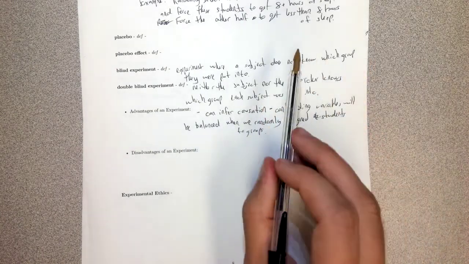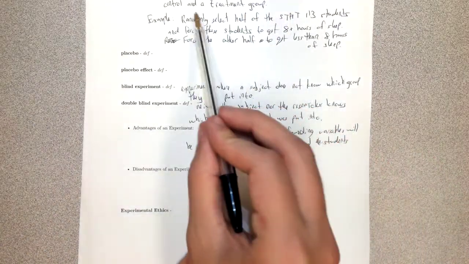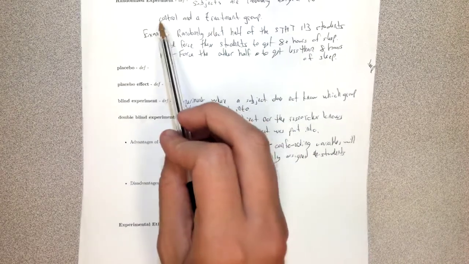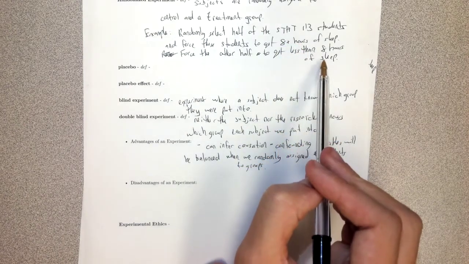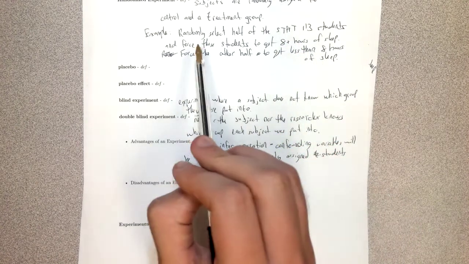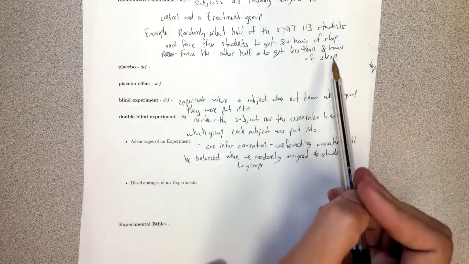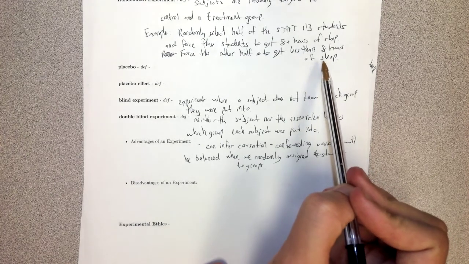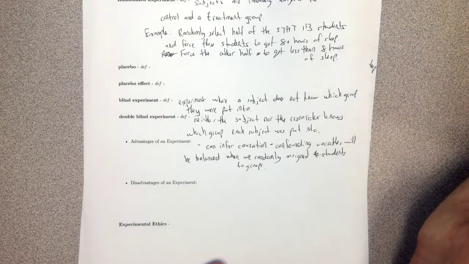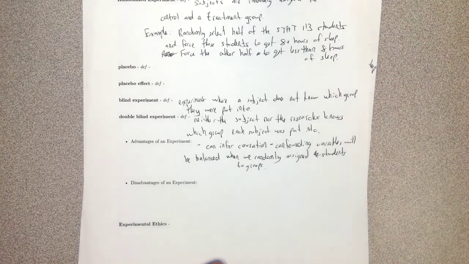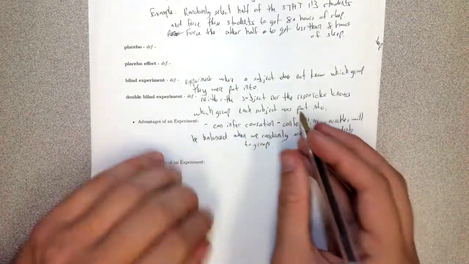In the experiment, when we randomly assign students to the treatment and control group, about half of the prepared students are going to go to the 8+ hours of sleep group, and about half to the less than 8 hours group. About half of the unprepared students are going to go to the 8+ hours group, and about half to the less than 8 hours. So both groups are getting prepared and unprepared students. That's why it's balanced out in this experimental setting, where it was an issue in the observational study.